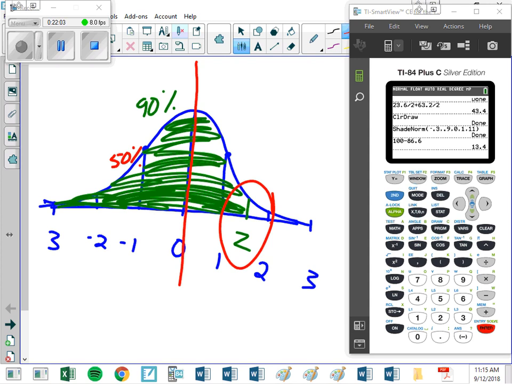Which means that this is 40%, which means that this negative z to z is 80%, and then you can look 80% up in the table. Okay? Dax just likes to divide things by 2, but whatever.